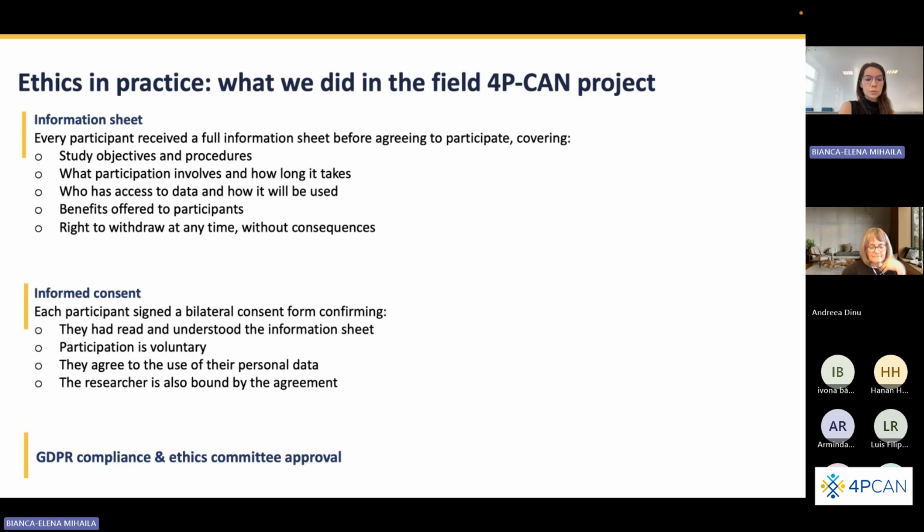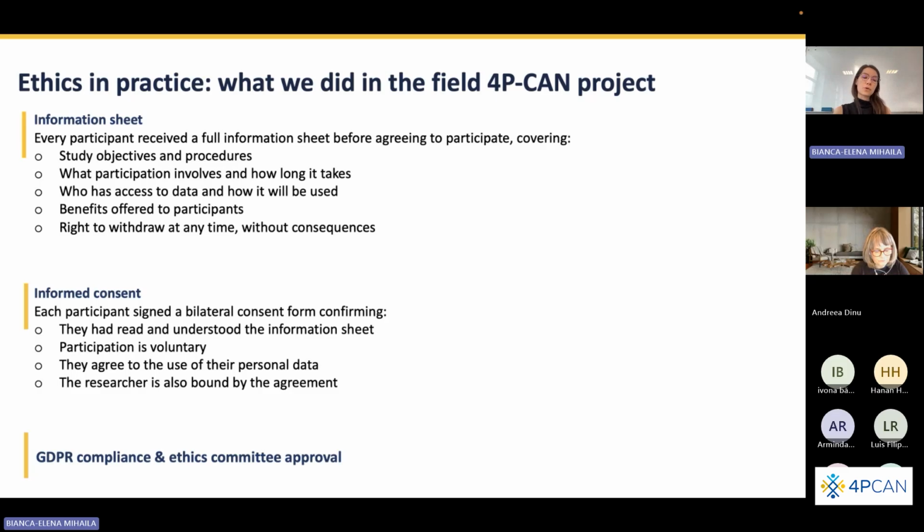We tried to make them understand that their participation is voluntary, how we will handle their personal data, what type of personal data we are collecting, and this was a bilateral consent, also from our side, with our name and information. They also signed the GDPR form.